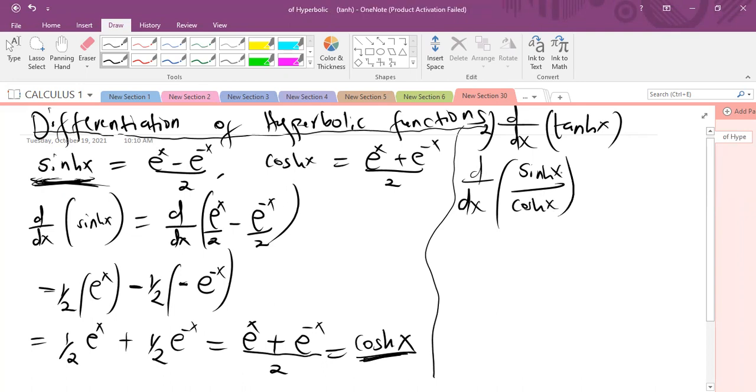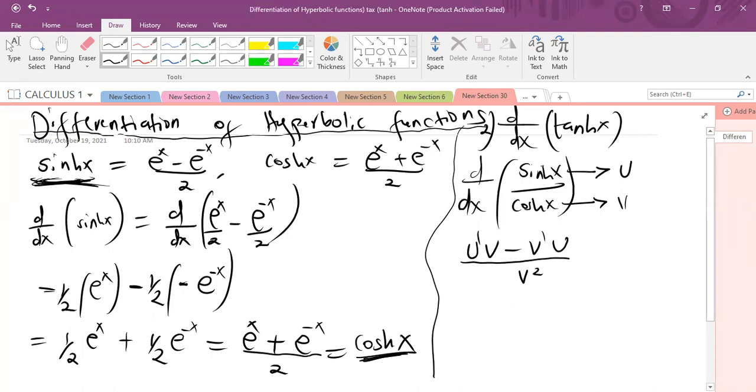So d/dx of this is the same as differentiating using the quotient rule. Let this be u and let this be v. So we will have u prime v minus v prime u, all divided by v squared. So what is the derivative of sinh x?